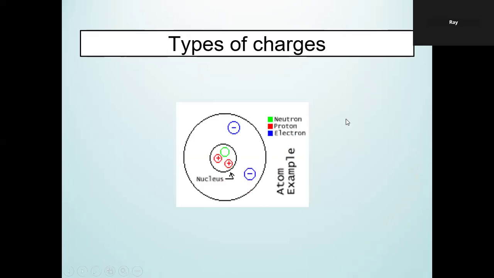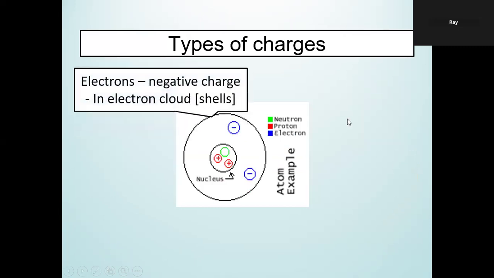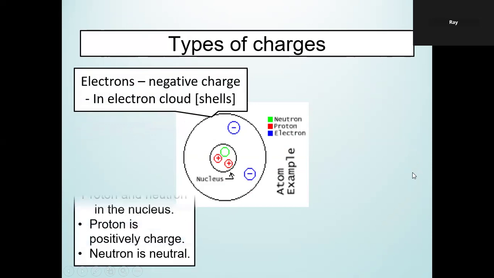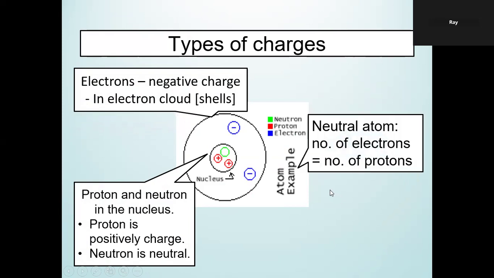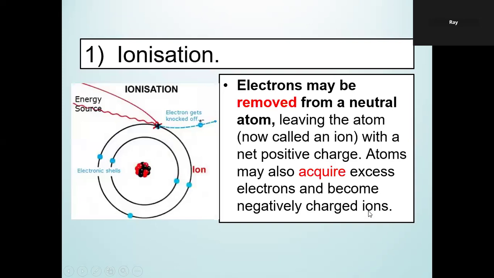Page 109, types of charges. Electron, negative charge, in the electron cloud. Find the electron in the negative cloud of the atom. Proton and neutron, you can find in the nucleus. Proton is positively charged, neutron is neutral. Neutral atom, number of electrons equals number of protons.